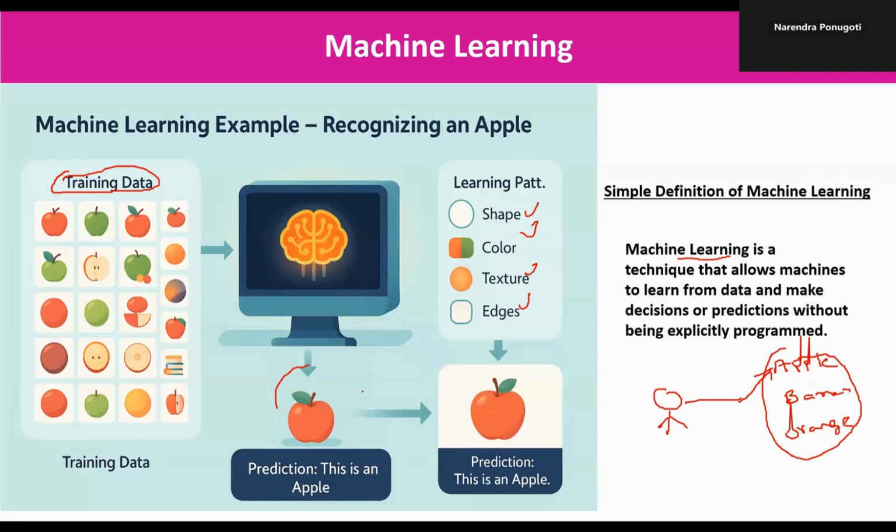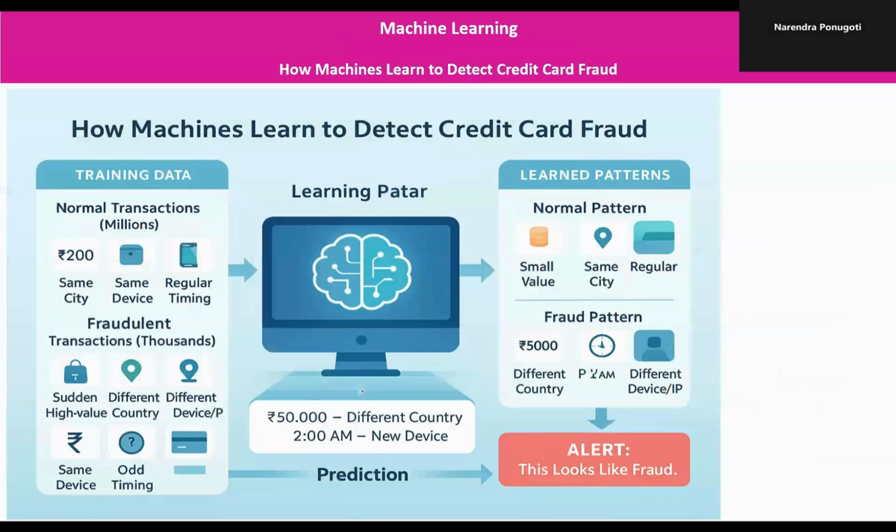Now let's go to another real-life example: how machines can learn to detect credit card fraud. Banks use machine learning to detect fraudulent activities on debit or credit cards.